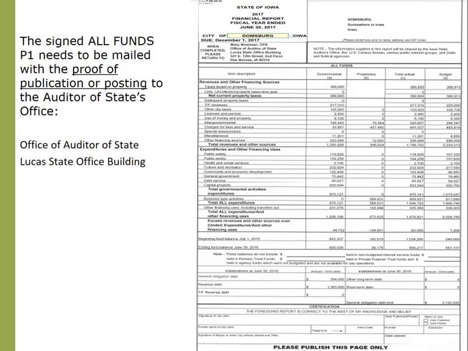The Auditor of State's office address is the Lucas State Office Building, 321 East 12th Street, 2nd floor, Des Moines, Iowa 50319. Remember, make sure that you mail your P1 page along with your proof of publication or affidavit of posting early enough to be received by December 1st.